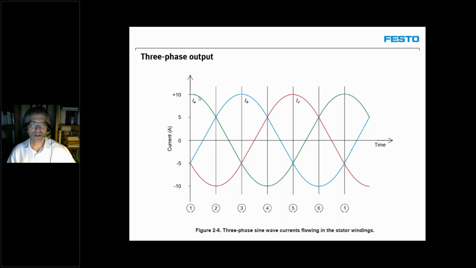So as you can see, the same sequence we just looked at: maximum positive for A, maximum negative for C, maximum positive for B, maximum negative for A. So we can see that we get 3 sinusoidal voltages like that at the output of our generator.